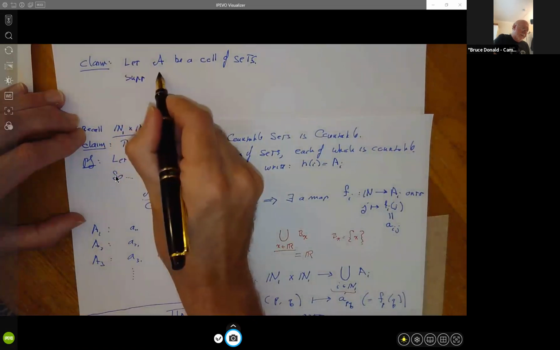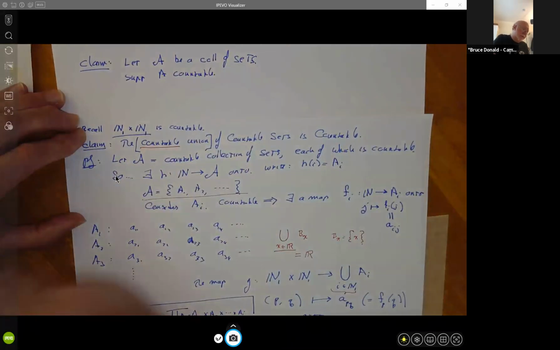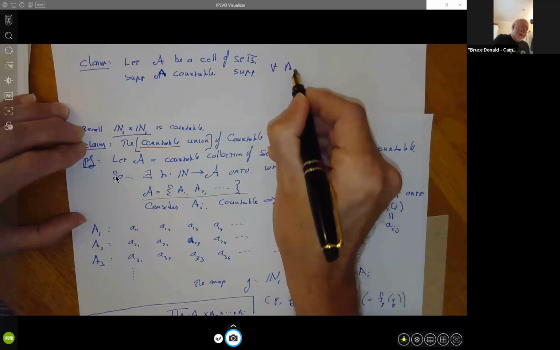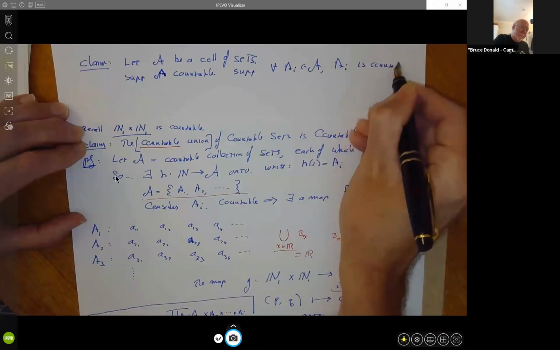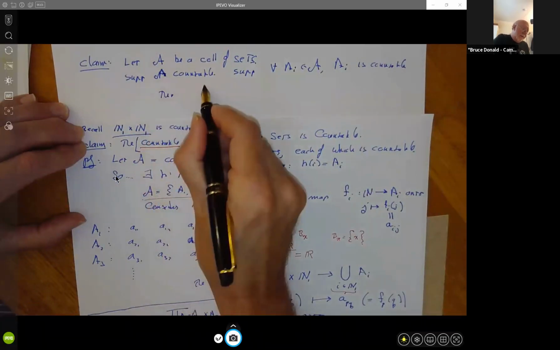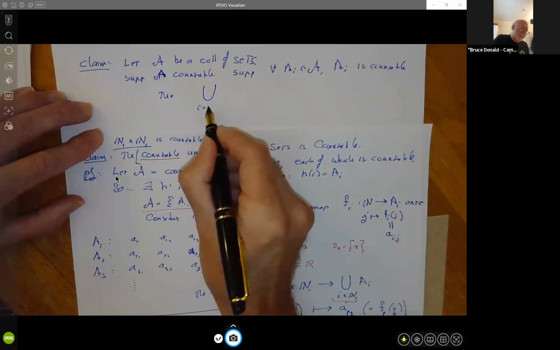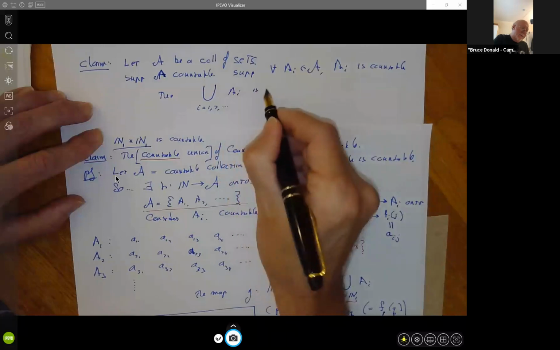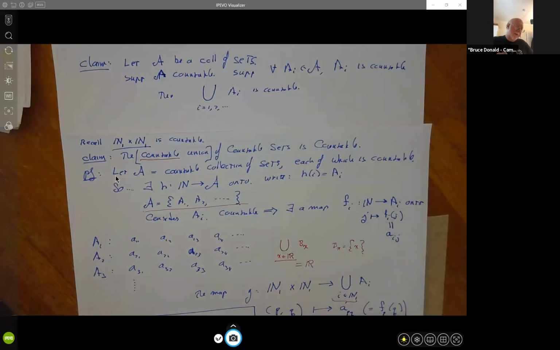Suppose curly A is countable, and suppose for all A_i in A, A_i is countable. Then the union for i equals 1, 2, up to infinity of A_i is countable. Does that make sense? Yes.